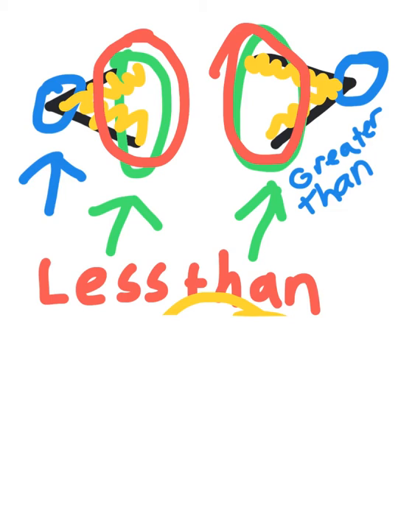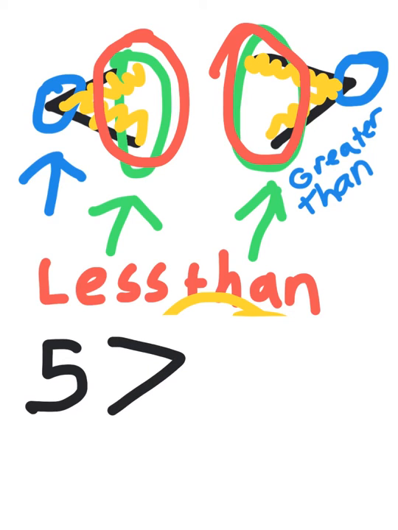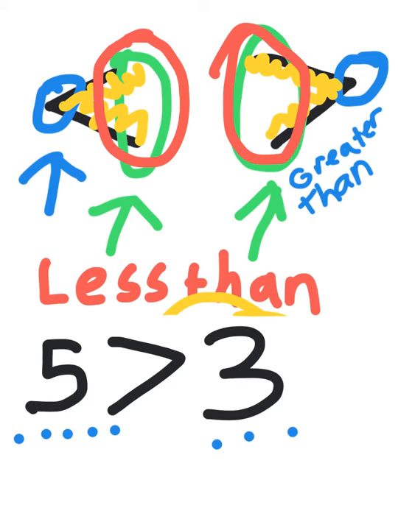So to go the other way with it, let's go 5 is greater than 3. So again, 1, 2, 3, 4, 5, and then 1, 2, 3. And then our plaque-filled alligator mouth, notice how it's open, so it would be eating this number 5 right here.